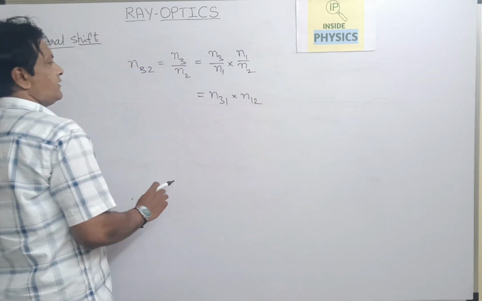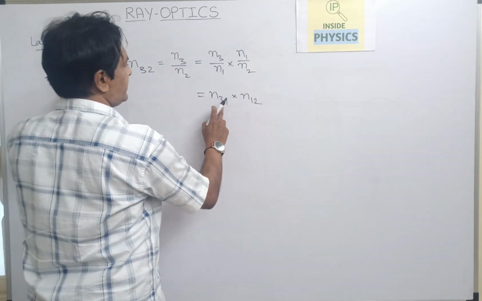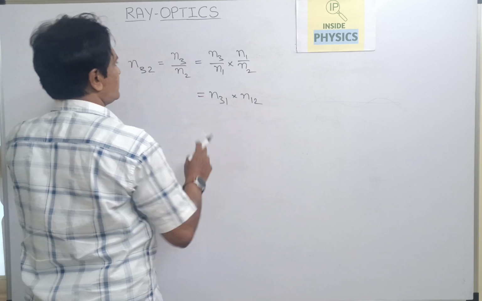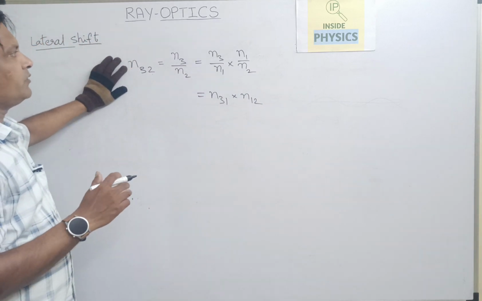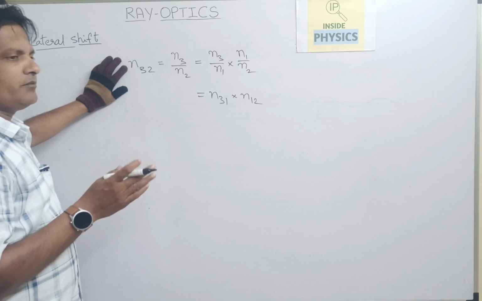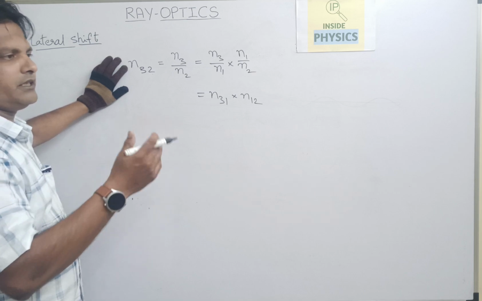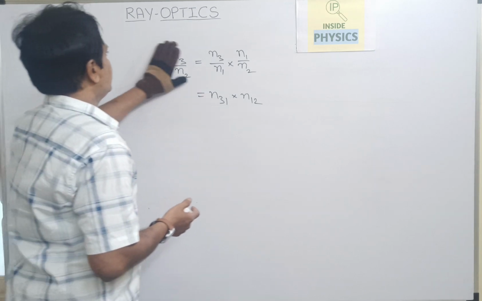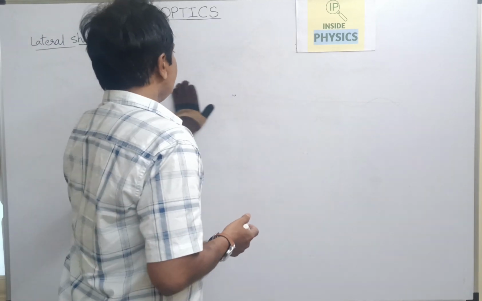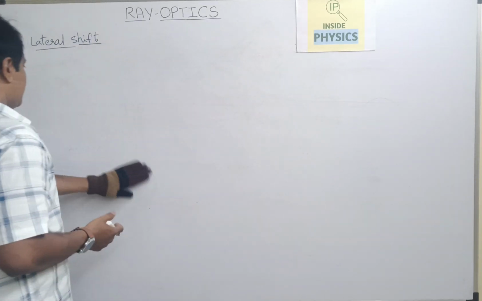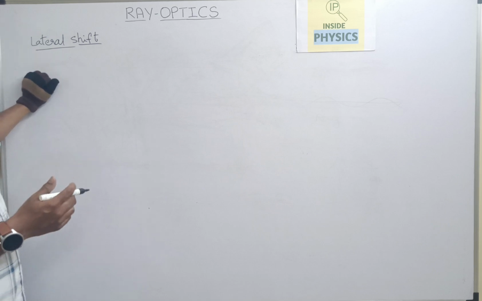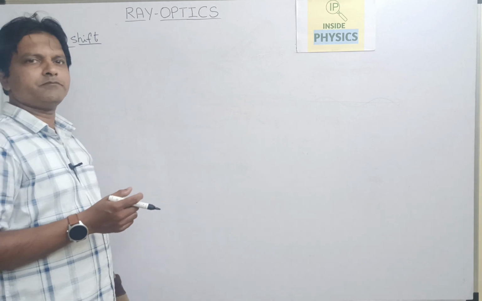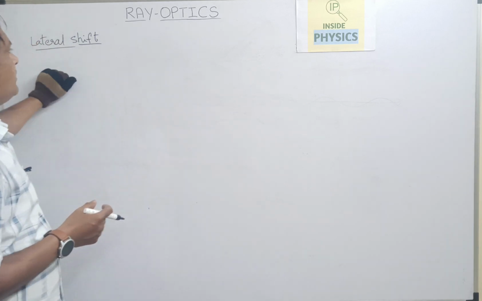So the light entering from first medium to third medium here, and the second medium to first medium. So in this way we can also consider, if there are more than two mediums, the light will be entering from 1 to 2, 2 to 3, and so on. So this can be understood with the ratios of their refractive indices. The ratio of speed of light in two different media gives the optical density of the medium.